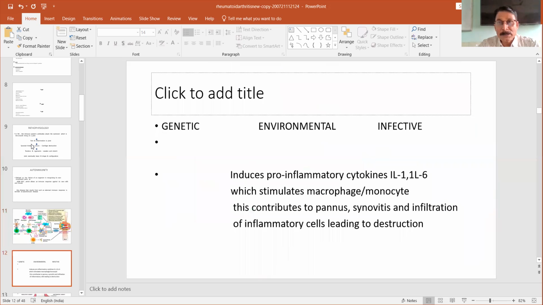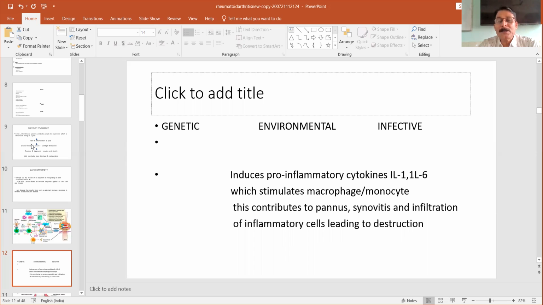Now, if you sum up these methods: in a genetically predisposed person, in a favorable environment where infective factors may also be responsible, pro-inflammatory cytokines are induced. Ultimately, the cascade of destruction takes place because of the proliferation of cytokines, which mostly include interleukin 6 and interleukin 1, alpha and beta; some classifications are there.